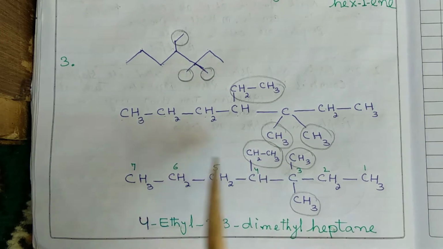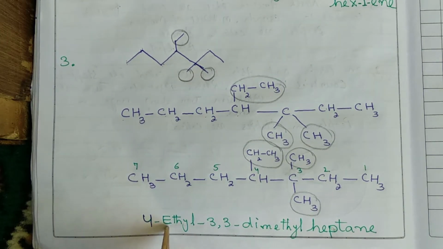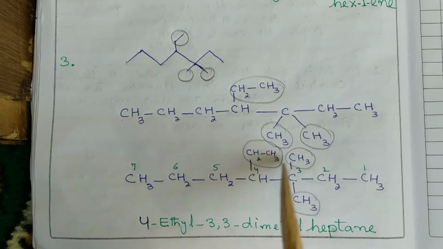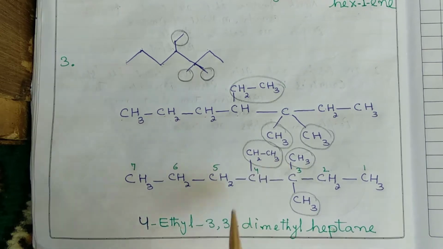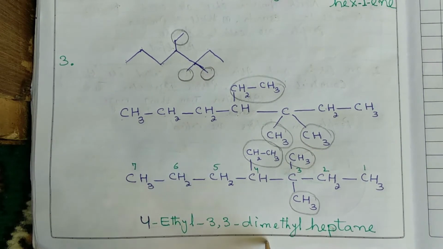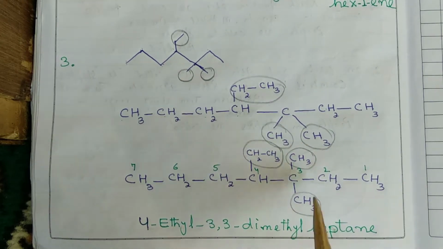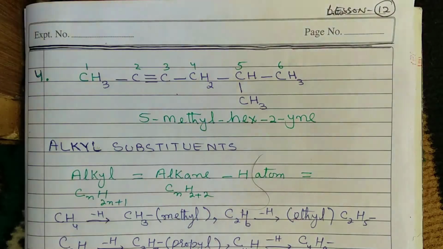So 1, 2, 3, 4, 5, 6, 7. 4-ethyl. According to the rule, we write the name of the ethyl group first because it is alphabetically ahead. 4-ethyl, 3-dimethyl, heptane. 7 carbon atoms.